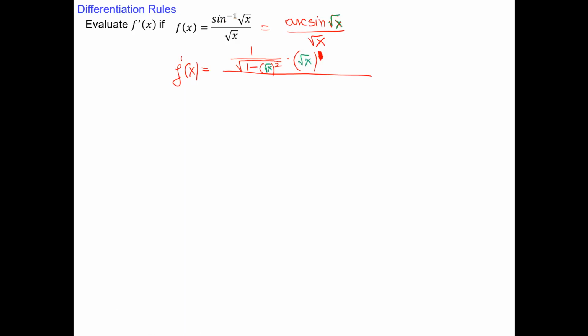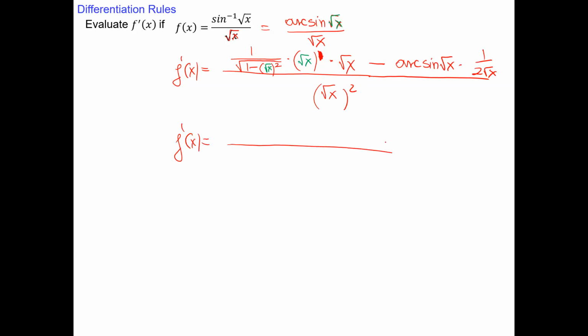We will simplify. Now, times derivative, I mean just the function from the denominator, minus function from the top, arcsine of the square root of x, times derivative of the denominator. Derivative of the square root of x is 1 over 2 square root of x, and then denominator squared. Okay, let's see what we have. We will have 1 minus square root of x squared is x, of course, saying that x is positive or equal to 0.